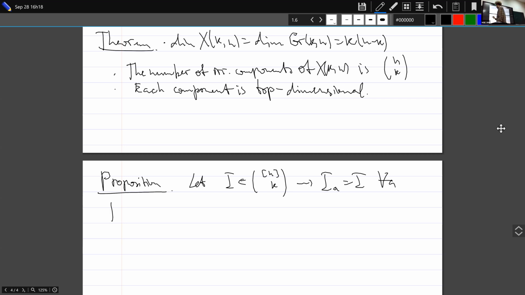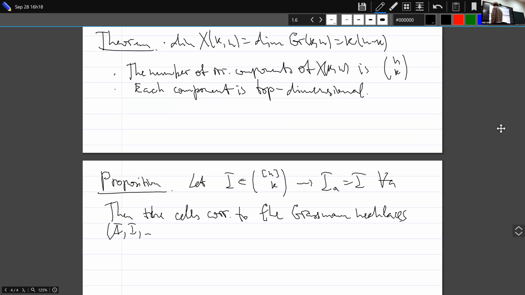Then the cells corresponding to the Grassmann necklace are of dimension k times n minus k.